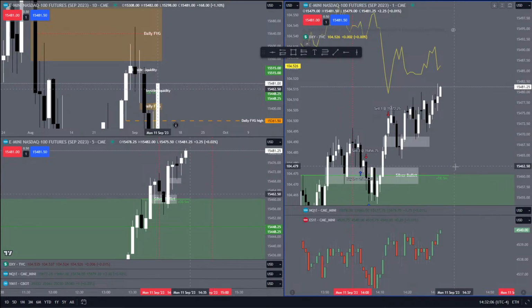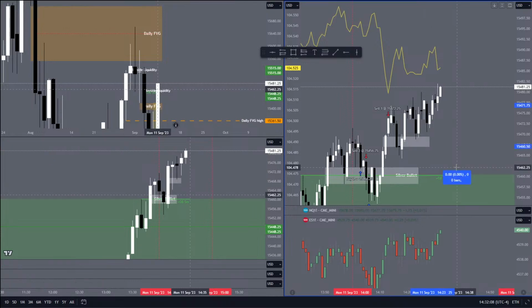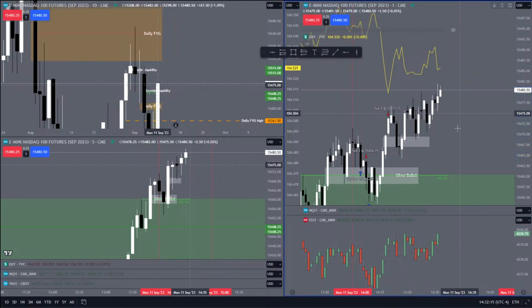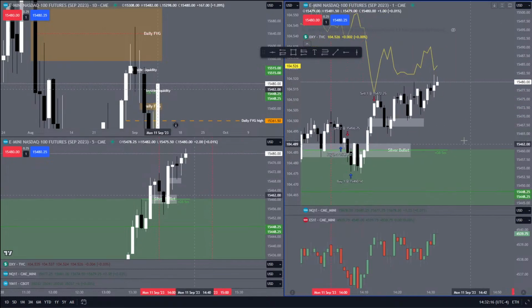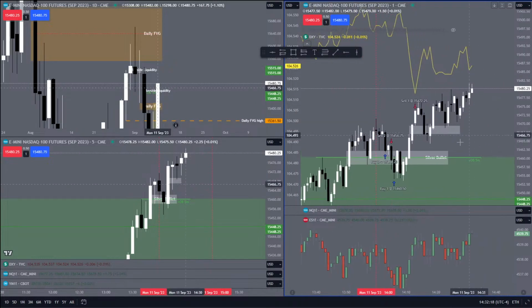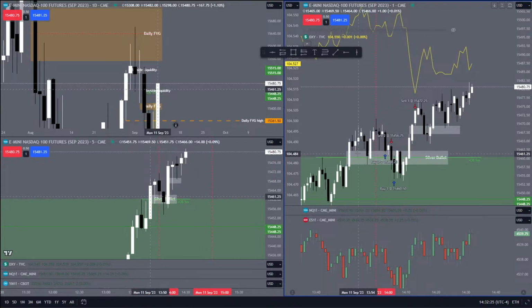Nasdaq's still running, still making higher highs. But again, just to recap, we entered at the top of this silver bullet, which we got out of this fair value gap that came before 2 o'clock.